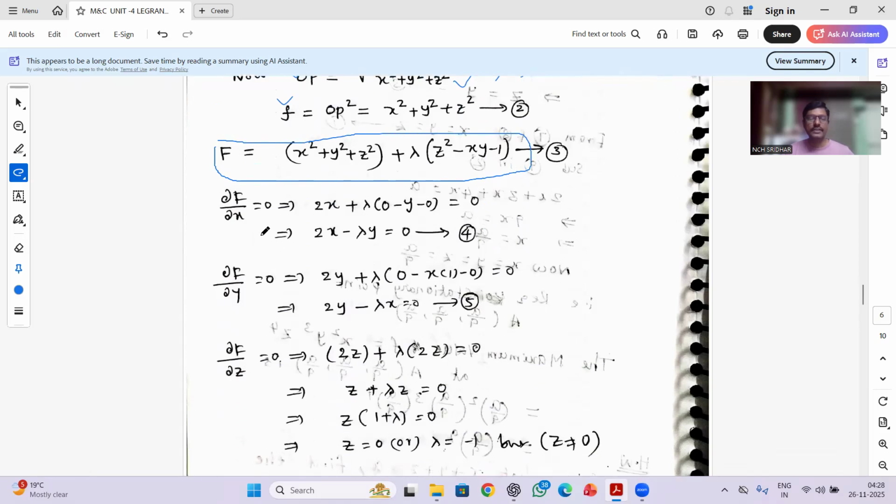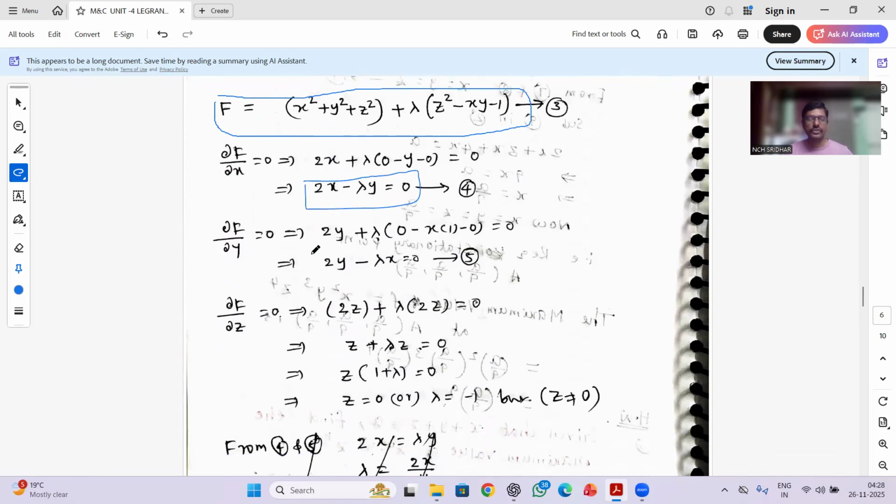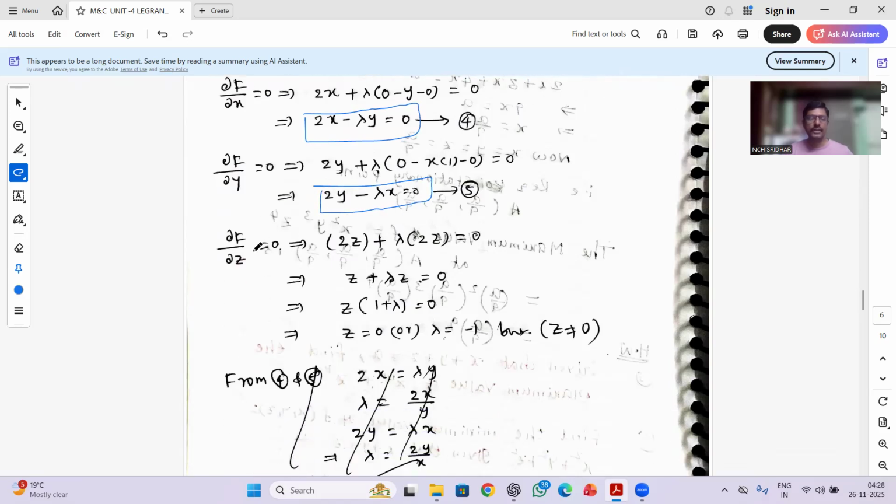Dou F by dou x equals 0, so I get the equation 2x minus lambda y equals 0. Equating dou F by dou y equals 0, I get 2y minus lambda x equals 0. And equating dou F by dou z equals 0, I get 2z plus 2 lambda z equals 0.